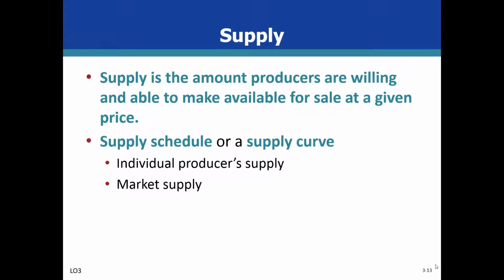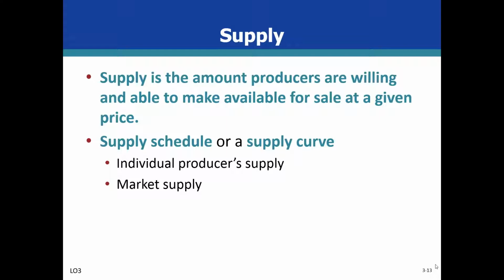Now let's take a look at the other side of this important economic model, the supply side. Supply is the amount producers are willing to make available for sale at a given price.